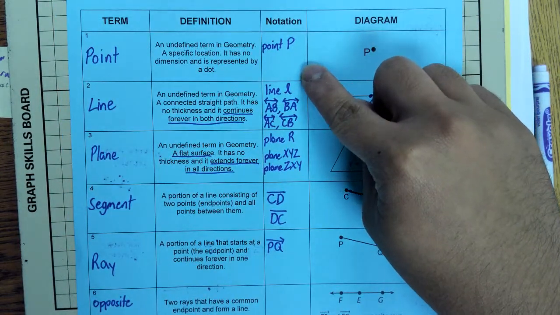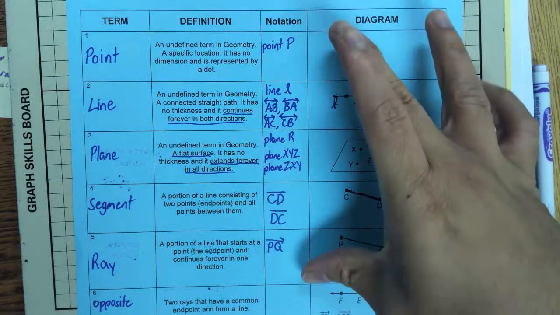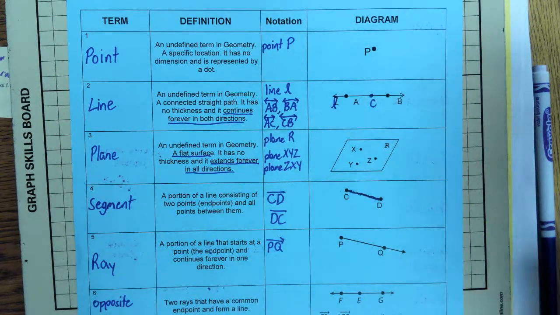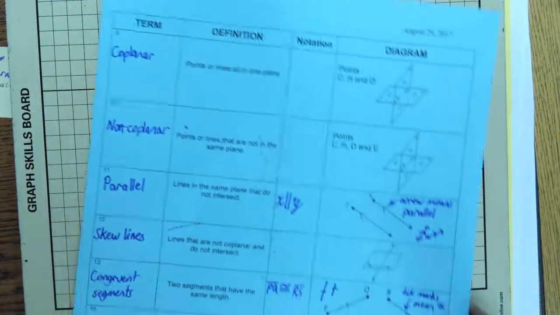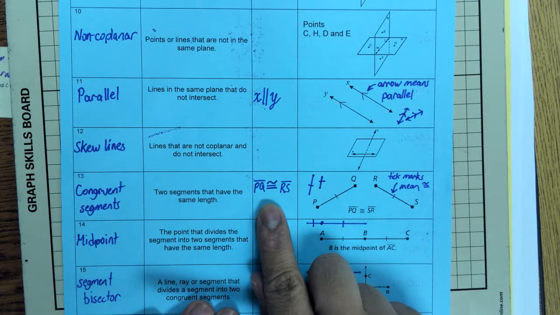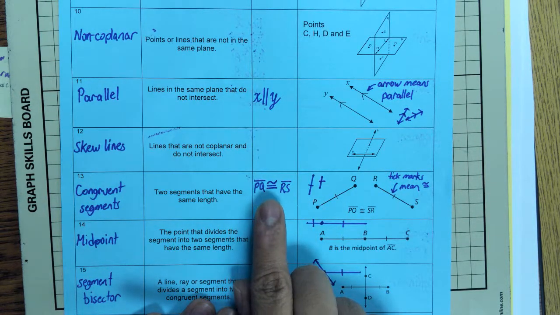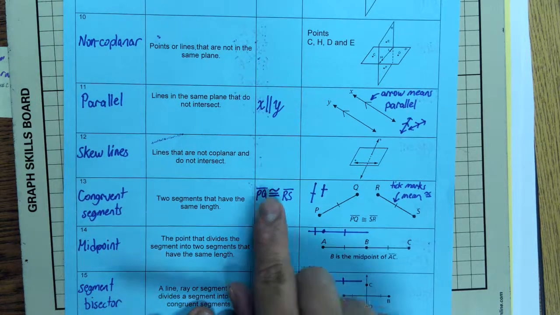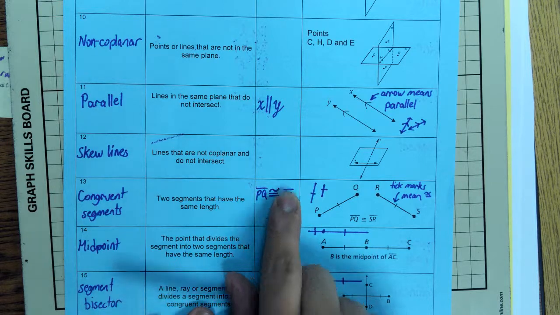Another thing is the notation. Please pay close attention to all the notations. Notation is how we write these things in a sentence. For example, let me move over to the notation for congruent. This right here is a sentence. Segment PQ is congruent to segment RS.